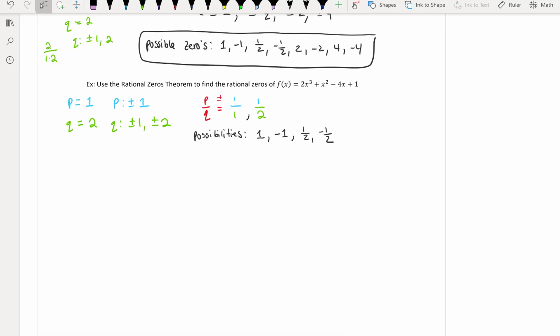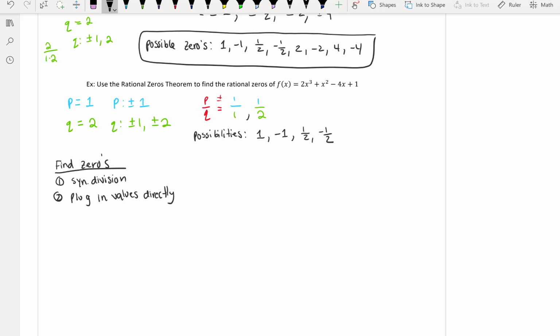Now, to actually find my zeros, there are 2 things you can do. You can either do the synthetic division, or you can just plug in values directly. And it's really just up to you. Do you feel more comfortable with synthetic division, or do you feel more comfortable plugging in the values directly?